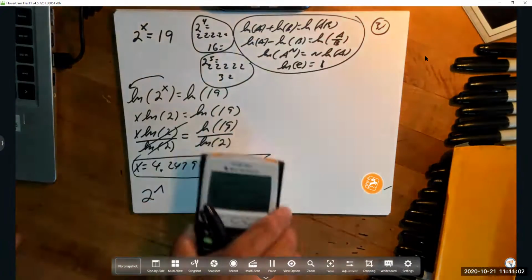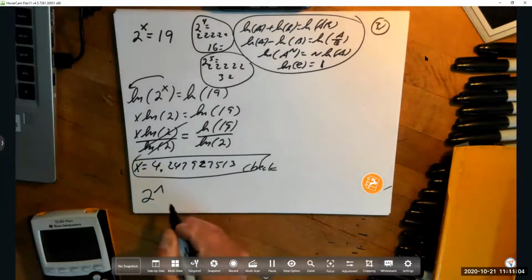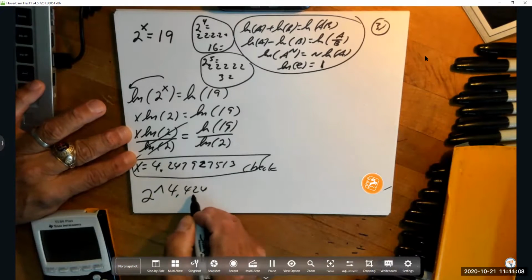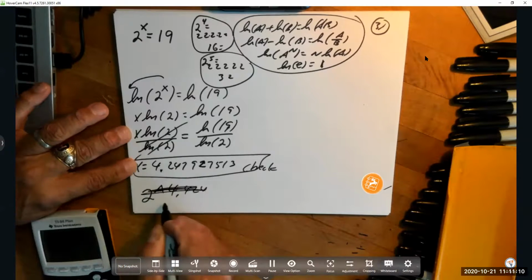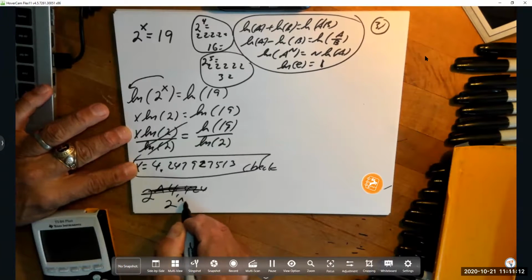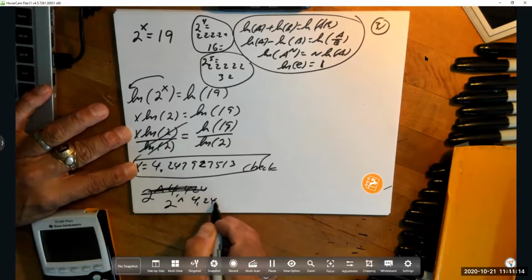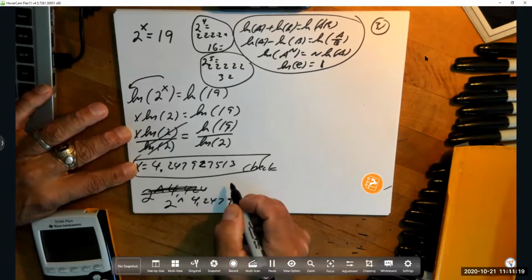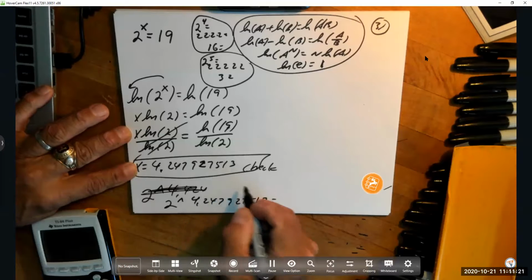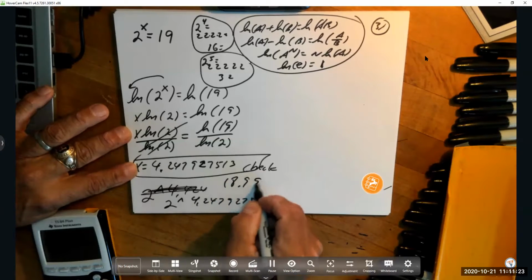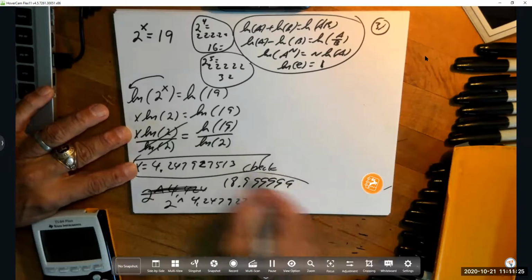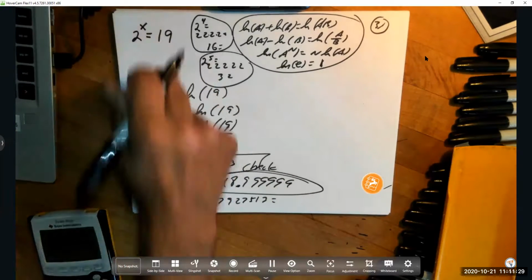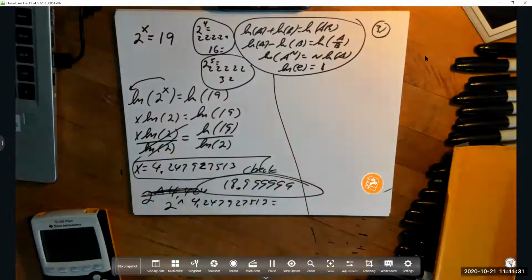What did you all get? 18.99999. Okay, let me write this down. 2 to the power of 4.247927513. And you say you got 18.99999? 18 and a bunch of nines like this? Is that right? Yes. Okay. Or you can round it off. 18.99999 will be close to 19. Does that make sense for that?